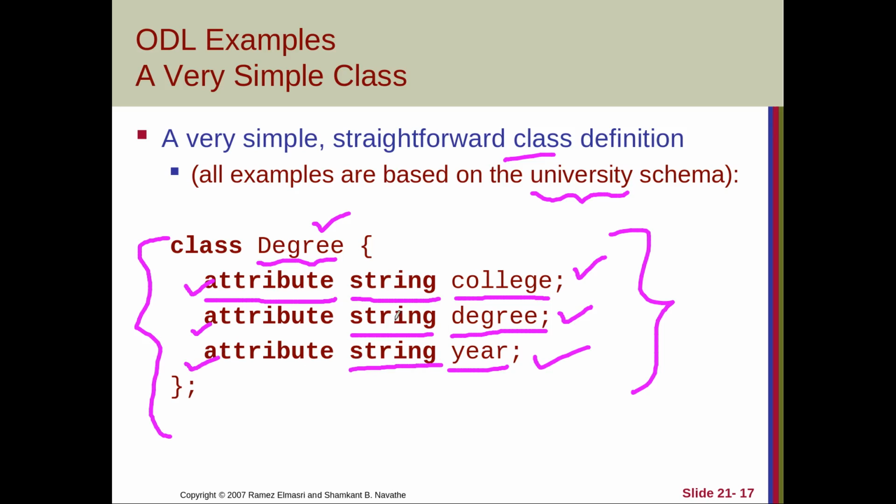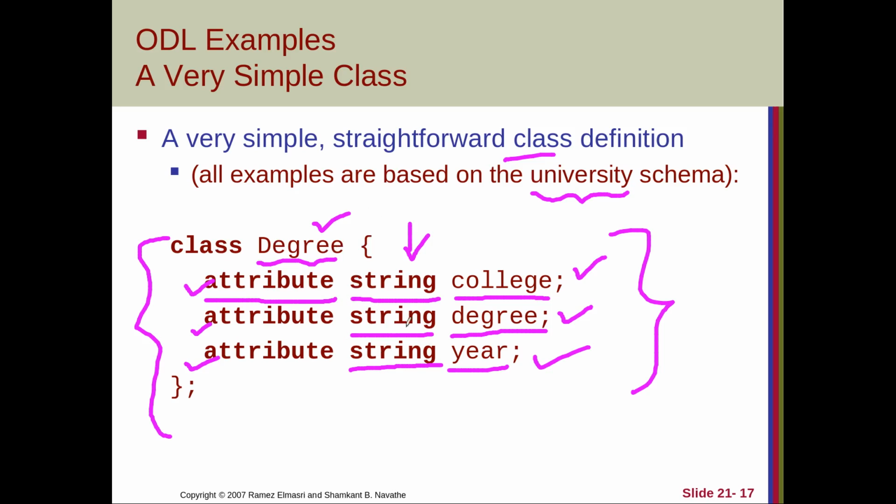So these three attributes follow the same data type string because they are represented in terms of string values. This is a very simple class representation in ODL language. Class name, opening curly bracket, then attribute specifications.